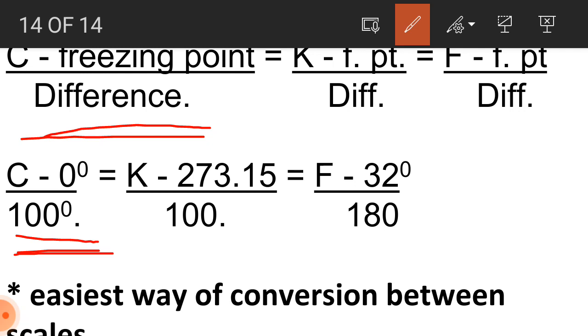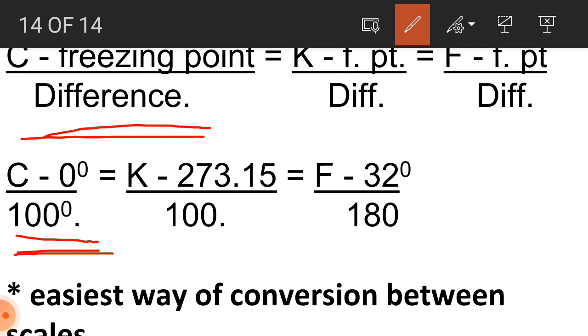This will be equal to K. Now the question asked to us was in terms of Celsius, but we need to find in terms of Kelvin.